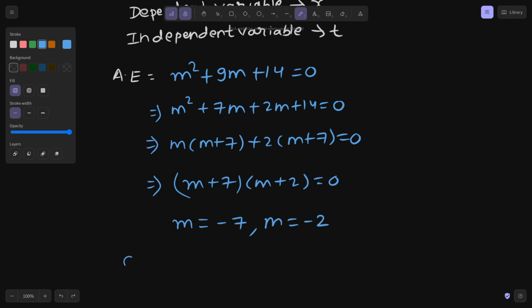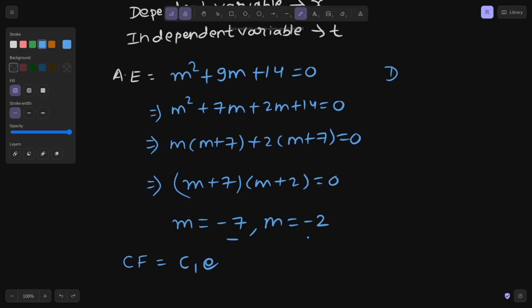So I can now write my complementary function. You must have your dependent and independent variable in mind. In the complementary function, the independent variable comes. So this will be C1 because the roots are real and distinct. C1 e power minus 7 t.